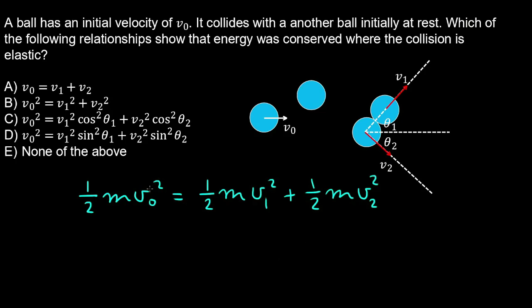So if we do some cancellations, we get v0 squared is v1 squared plus v2 squared, and the correct answer is B.